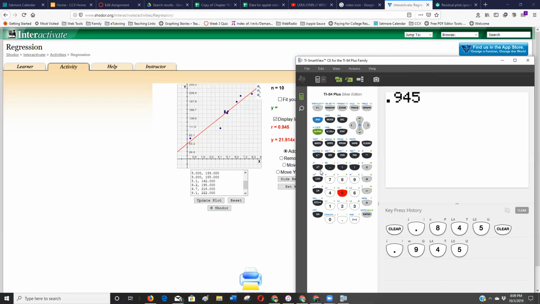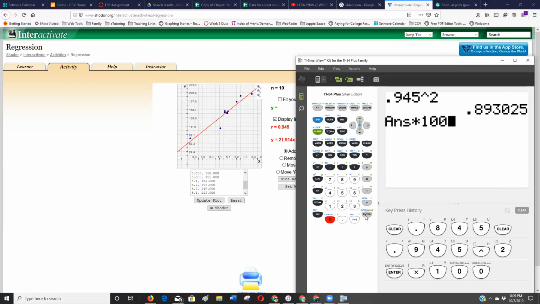There's a square button on one of these calculators, or you can use the caret. On your other calculators, you probably have an x to the y button, or a y to the x button, or you have the caret button. And then that is r squared. Often though, we'll talk about it as a percentage. So I'm going to multiply by 100, moving the decimal point over 2 places. So this tells me that 89% of the change in the number of calories can be explained by an increase in the alcohol content.